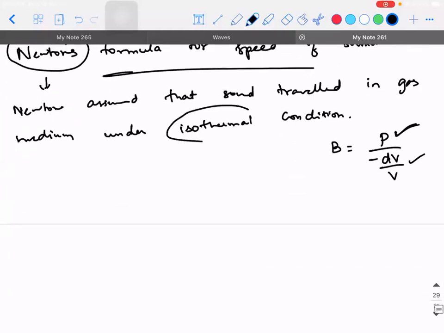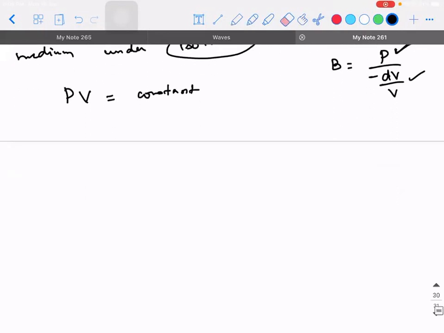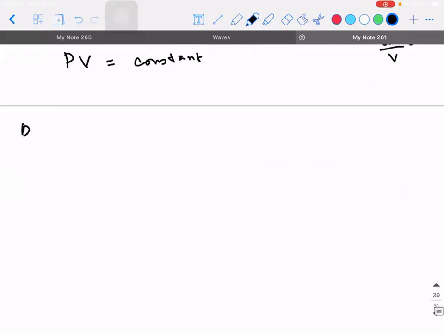Now tell me, for isothermal condition, what is the mathematical equation that we are going to write in terms of pressure and volume? Pressure into volume is always constant. So pressure into volume is constant means, differentiate on both sides.